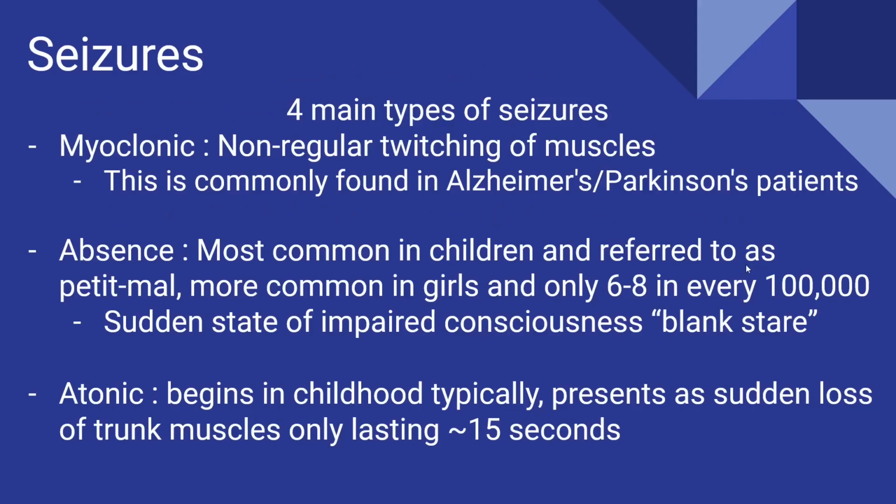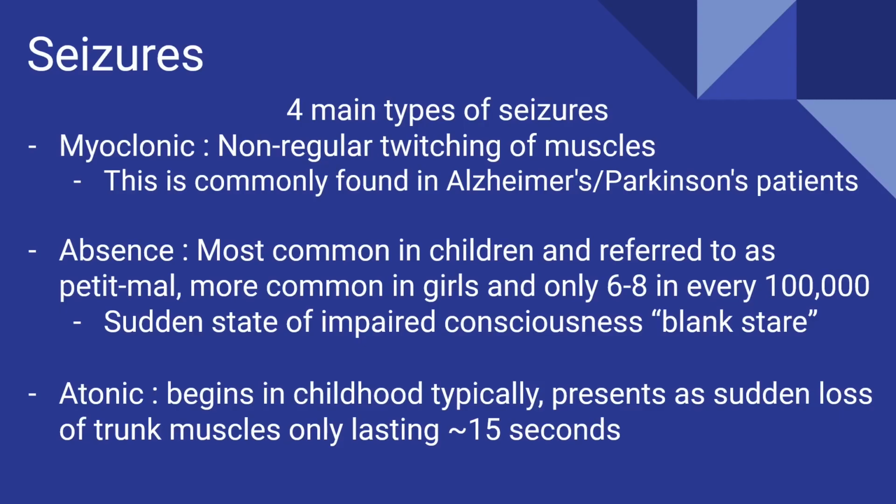The other types of seizures that you may see a question about, not necessarily, is the myoclonic. So these are more non-regular twitching. In a seizure, you'll see rhythmic twitching, the violent shaking. It almost has a pattern to it, whereas here you can see some non-regular twitching.